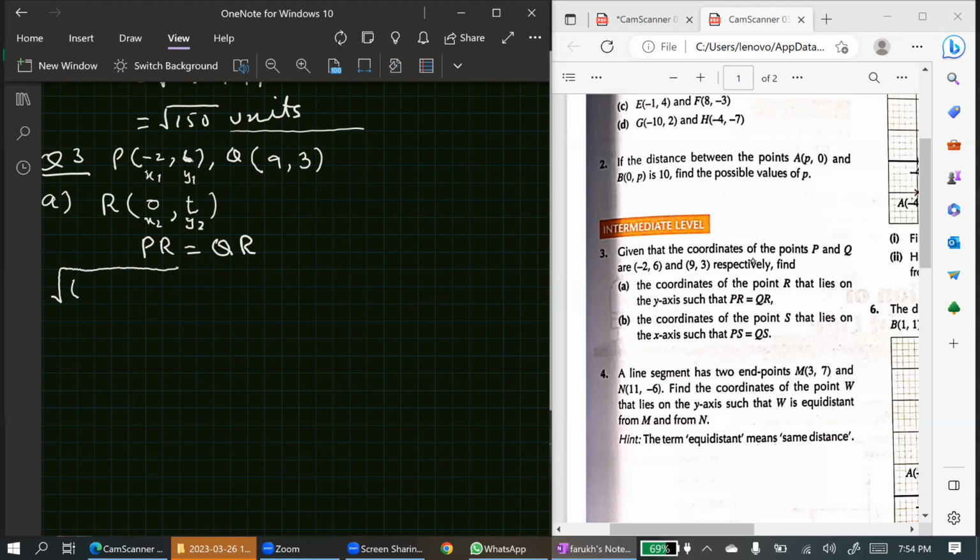Now, x2 minus x1, 0 minus -2 whole square plus t minus 6 whole square is equal to, now QR, name Q as x1, y1, 0 minus 9, x2 minus x1 plus t minus 3 whole square.